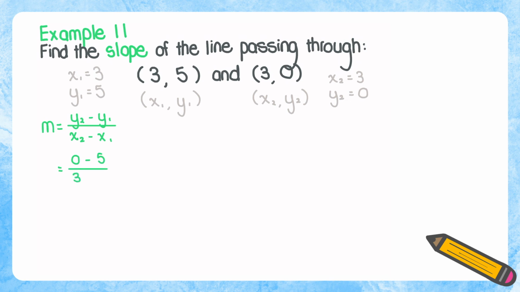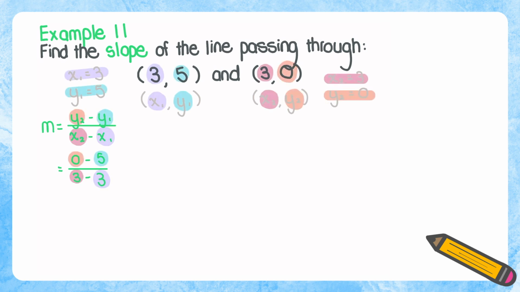X sub 2 and x sub 1 are both 3, so we have 3 minus 3. Your change in y goes in the numerator and your change in x, so the x values go in your denominator. So 0 minus 5 equals negative 5 over 3 minus 3 is 0.